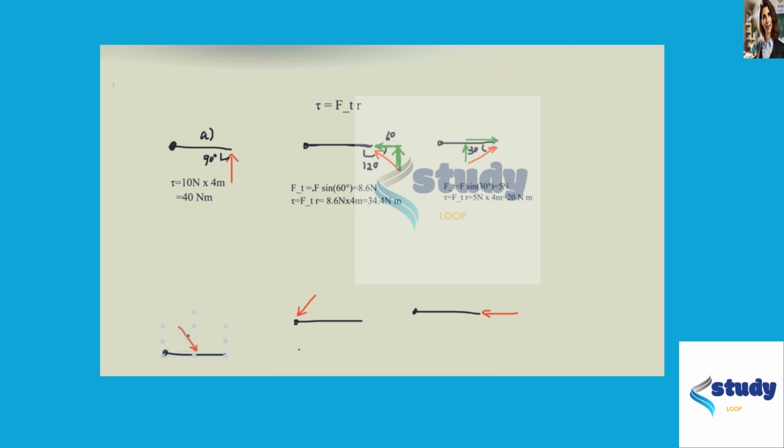Okay, so this is what is happening for the first 3 cases. Let's move on to the next 3. For the first one, which is the one in the lower left corner, we see things now get a little bit different. Now you have a different point of contact. This point of contact is 2 meters towards the end of the rod.